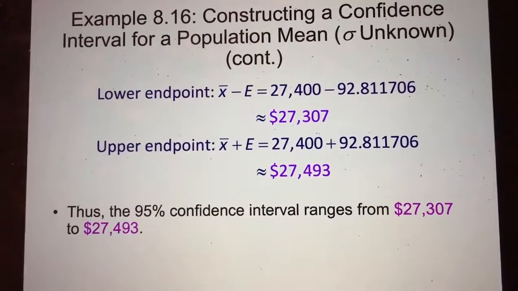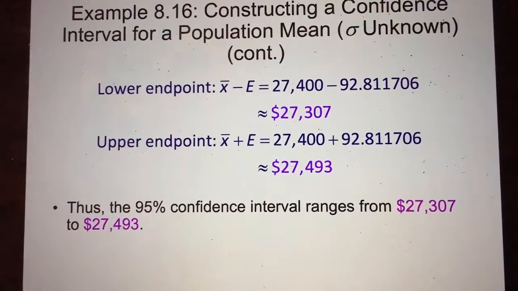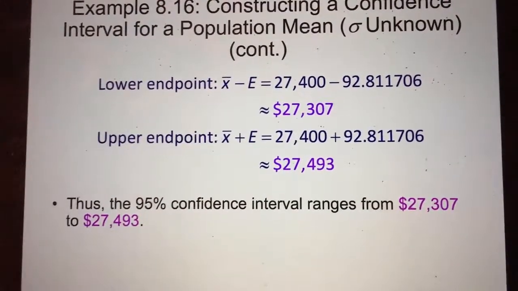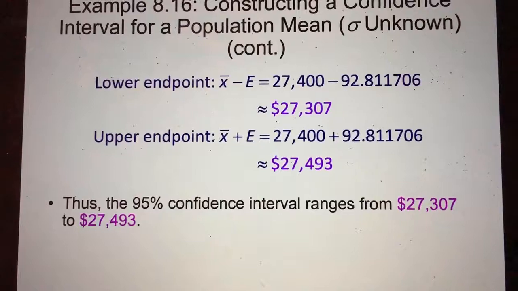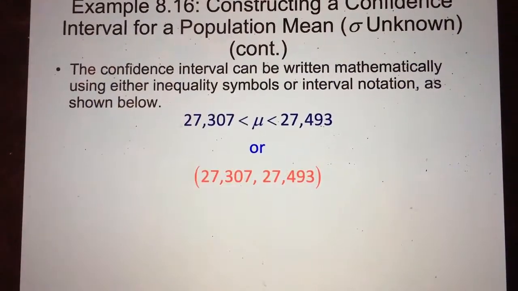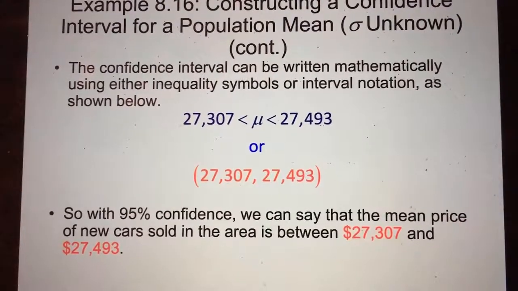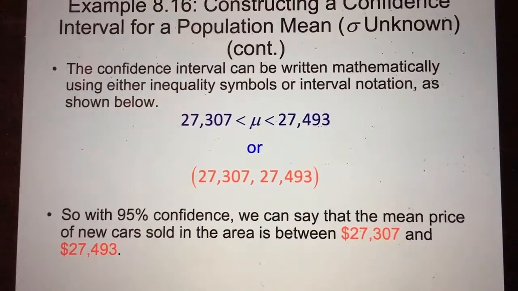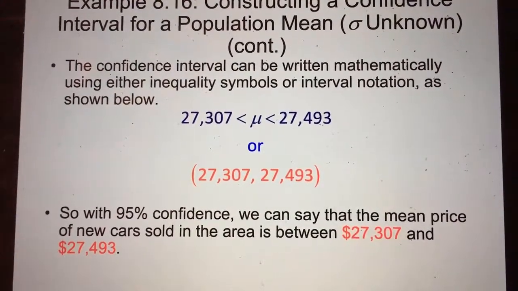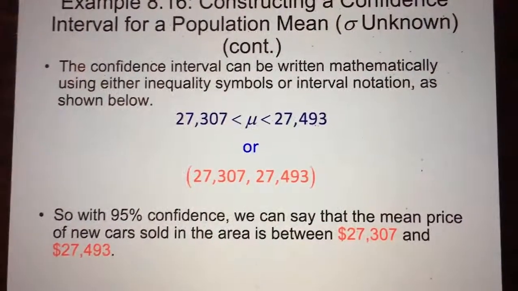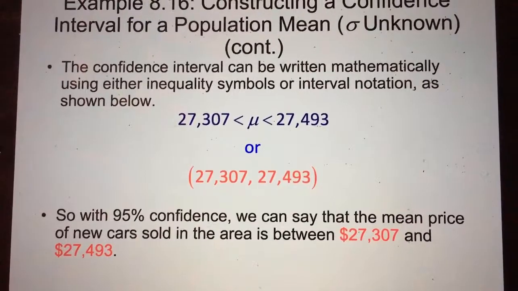So from 27,307 to 27,493, we have a 95% confidence interval. There's another way to write it. With 95% confidence, we can say that the mean price of new cars sold in the area is between 27,307 and 27,493.